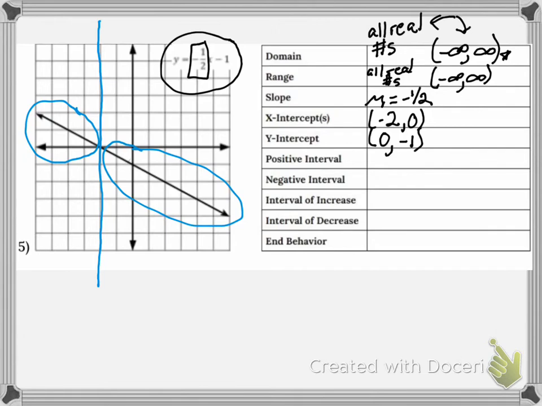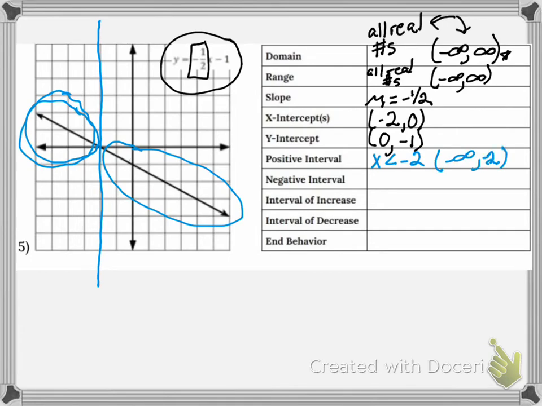So what we then need to do, using the domain values, so our x's, is come up with an interval, inequalities and interval notation, that represents those particular sections of the graph. This part over here that's positive, the x values for that part of the graph are less than -2. So with an inequality, we would say x is less than -2, or with interval notation, we would say -∞ to -2.